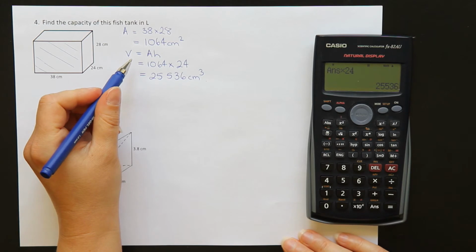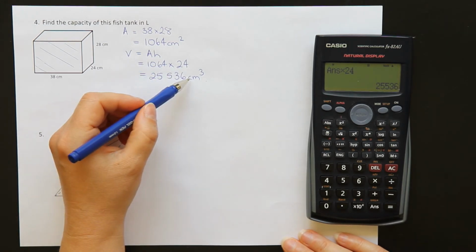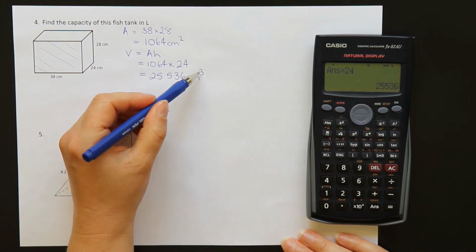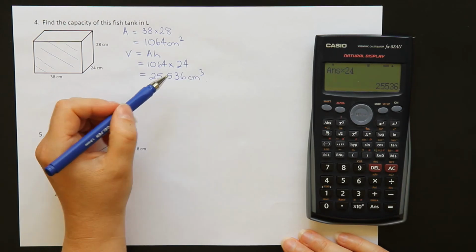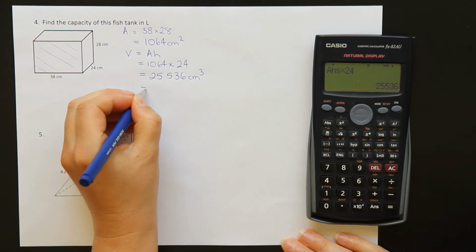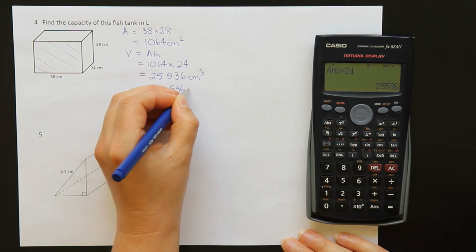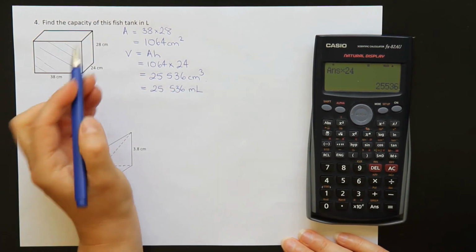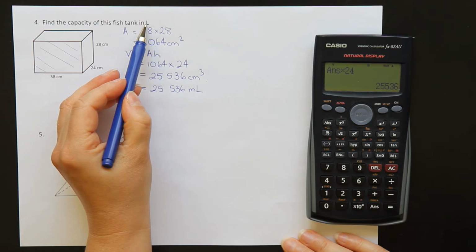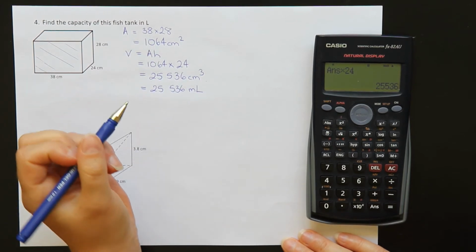Now we want to change our volume into capacity. Now centimeters cubed can be changed straight into milliliters. So that's the same as 25,536 millilitres. And then I can change that into litres by dividing by 1,000.